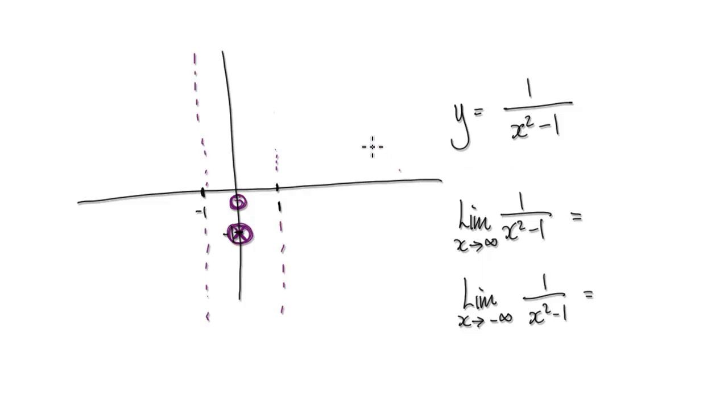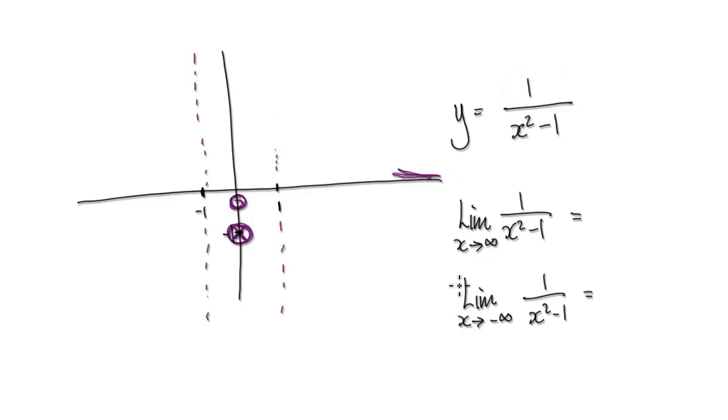It will head towards 0 from the top, and it will always be positive, because when a big number is squared, take away 1, the denominator will always be positive. If the denominator is always positive, and the numerator is always positive 1, then the overall thing will always be positive.